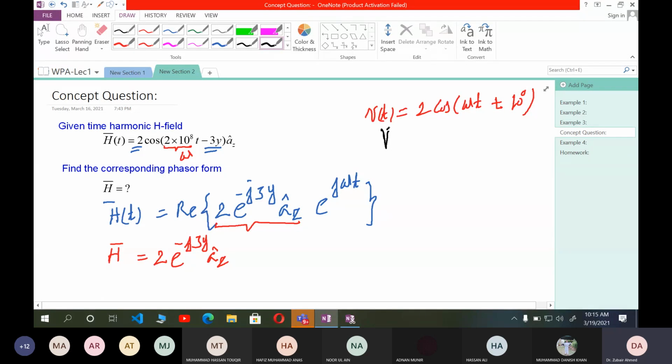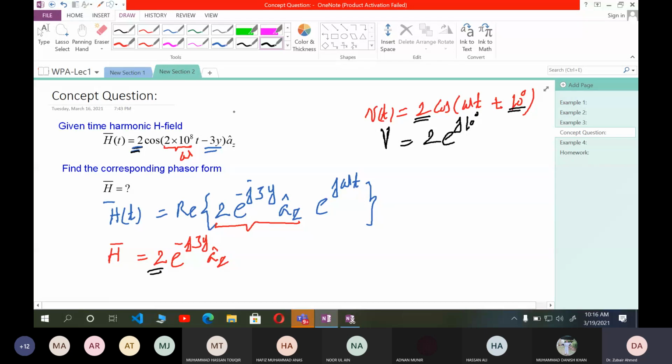Let's say we denote the phasor with capital letter V. You pick this magnitude 2 and this phase and write it as a complex number. So we are doing the same thing. We are picking this magnitude 2 and this phase minus 3y and writing it as a complex number, just like this. The only difference is that this was a scalar phasor. It has no unit vector.